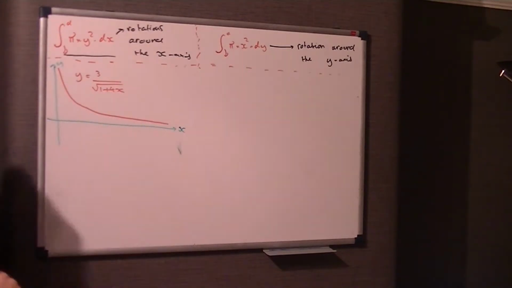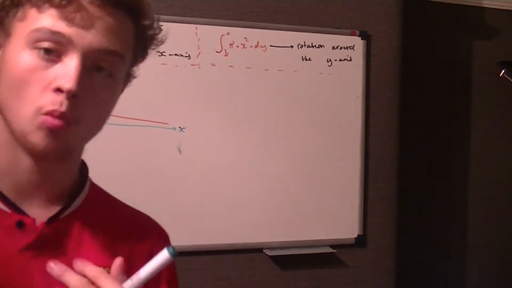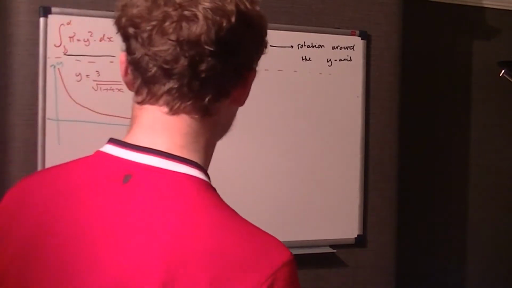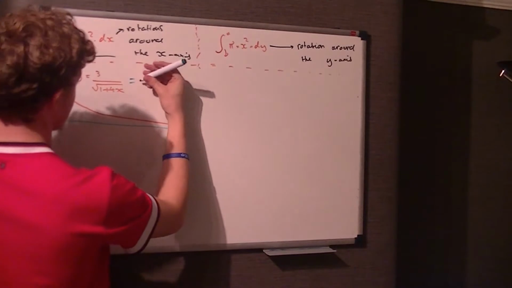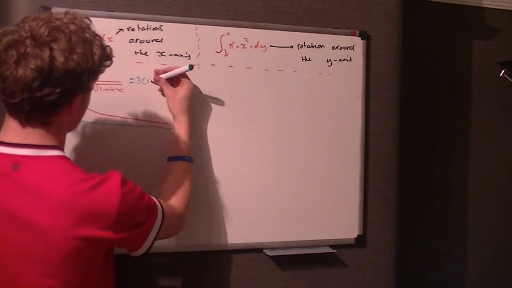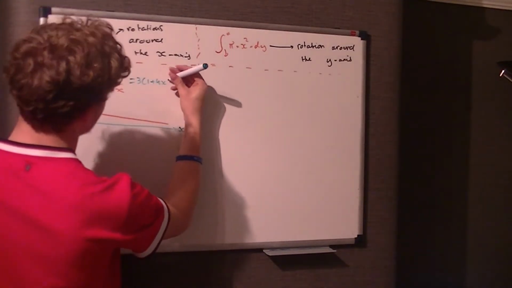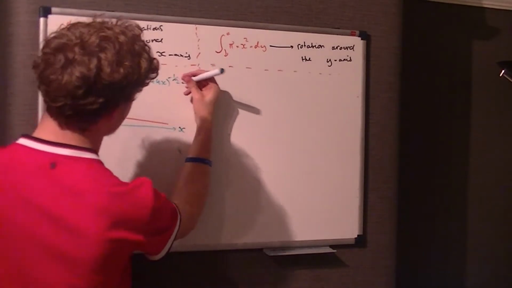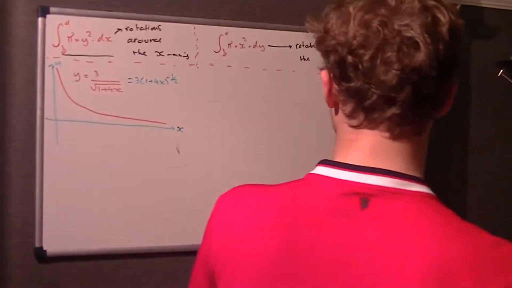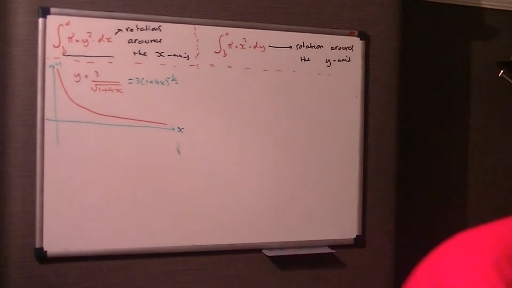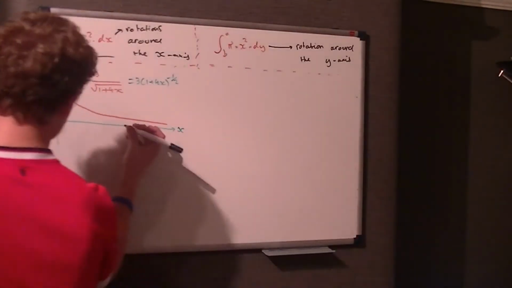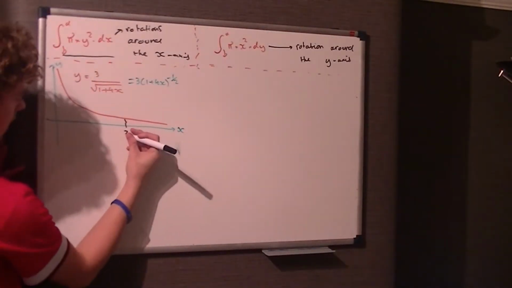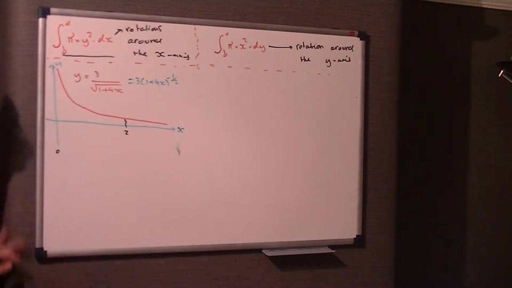Now obviously you know that's 3 over 1 plus 4x to the power of a half, which is also equal to 3 brackets 1 plus 4x to the power of minus a half, because of the reciprocal factor there. So hopefully, as I said, it's making a fair amount of sense so far. And we are asked to integrate this curve, find the area between x is 2 and x is 0.